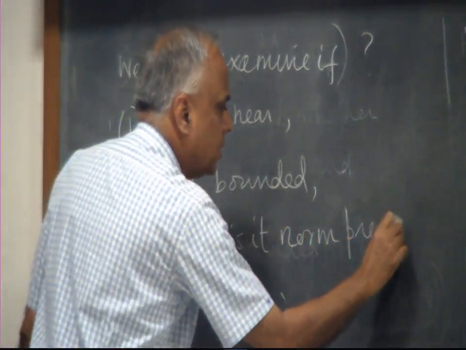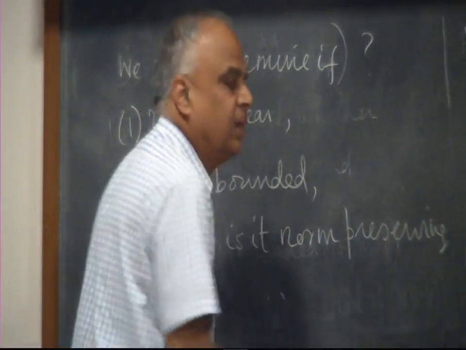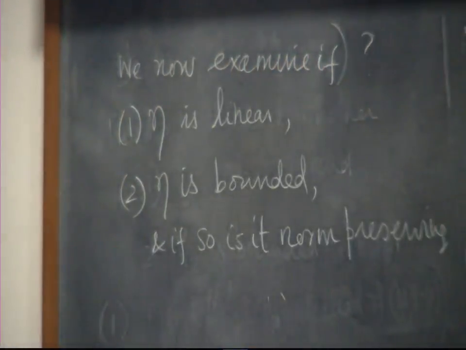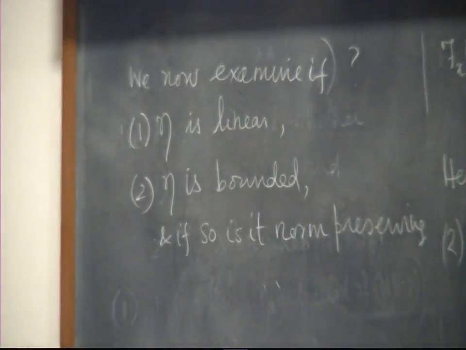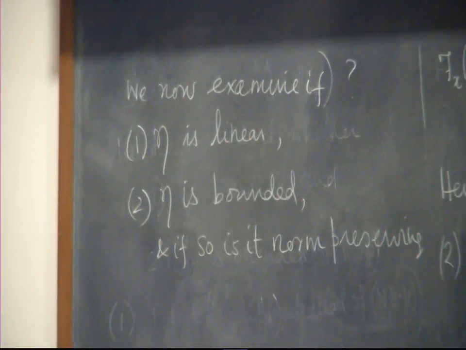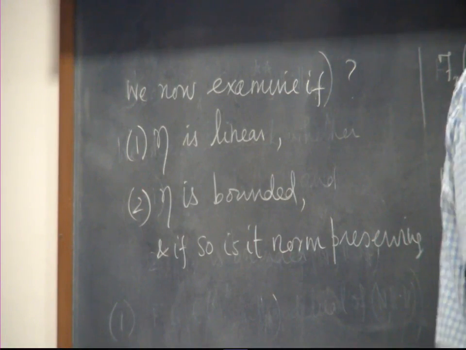So in other words, the shadow length and the original length are the same. The shadow length is measured in the shadow world, namely with this norm, and the shadow world has its own measurement techniques to get the length, and the original world has its own measurement techniques to measure the length. Somehow if they coincide, you see, arithmetic only is not maintained, measurements, metrics are also maintained.